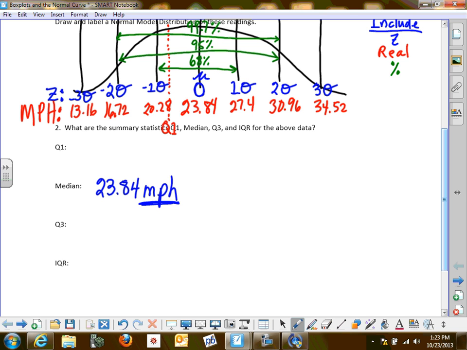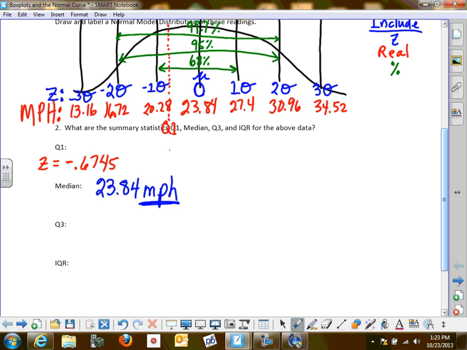What is the z-score that coincides with Q1? Very good. Negative 0.6745. Now, we're going to use our little equation. Now we're going to use our equation that turns it into real world data, and that's our little formula thing, the x minus the mean over the standard deviation.